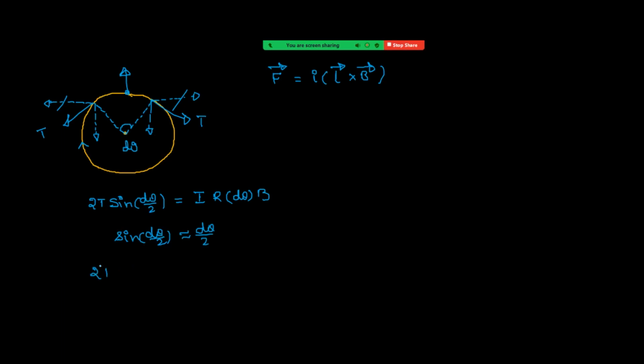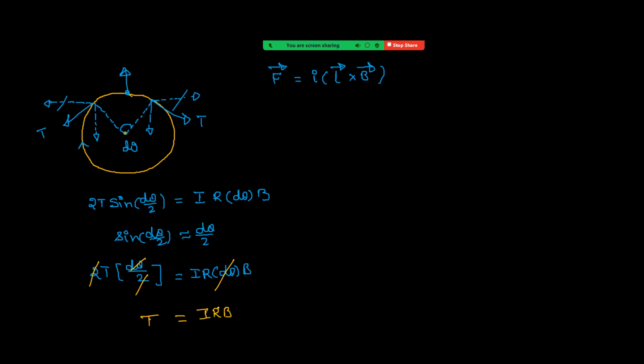Substitute there: 2T into d theta by 2 is equal to I into R into d theta into B. Right. Now simplify this. 2 gets cancelled, d theta gets cancelled. So tension is equal to IRB.